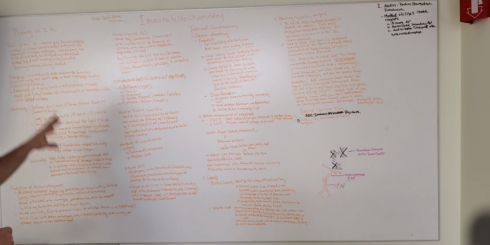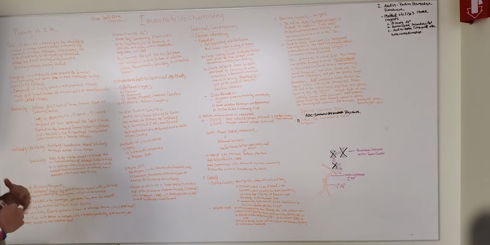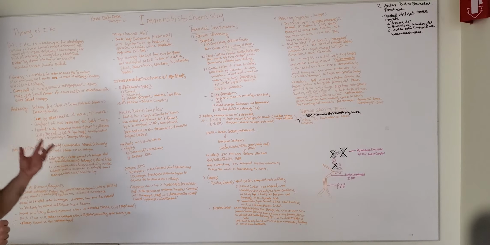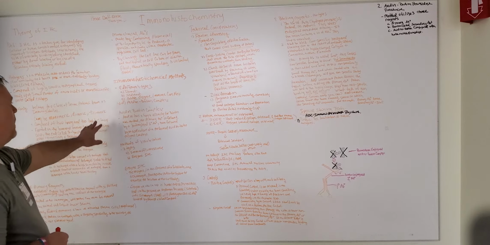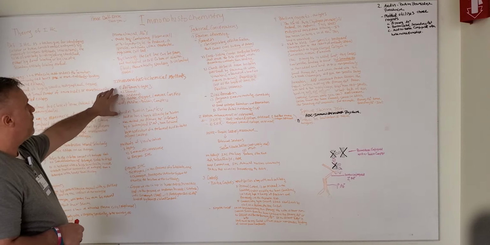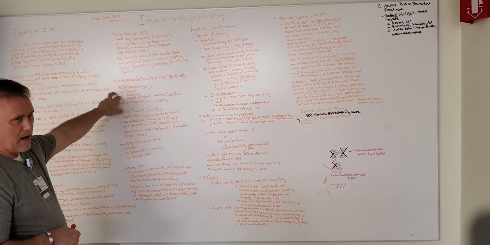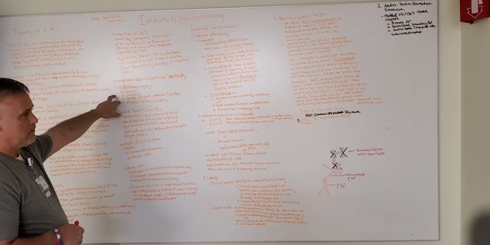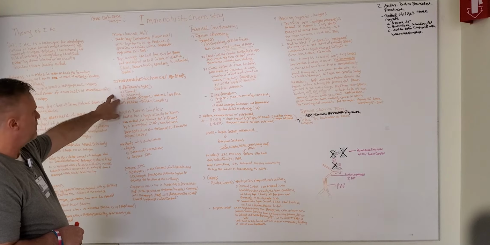Now, the types of methods that you can use with this is dependent upon the pathologist and or your lab. The one that we're going to be talking about the most is the avidin biotin complex. Okay, so there's 4 different types, and this is what I was talking about earlier. There's a direct method, and I'm not going to go into it. An indirect method, I'm not going to go into it.